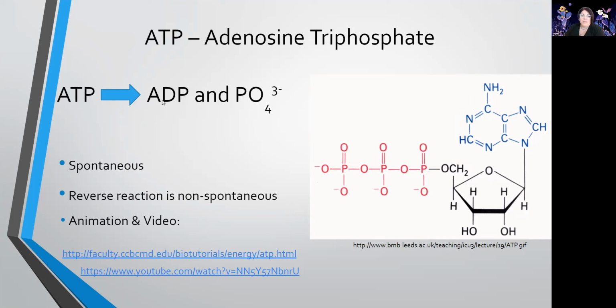If you turn it into ADP, that's a diphosphate. That would mean that you cut off one of these phosphates. That gives you the PO4 3-, and then you'd have your ADP over here. Now, if you look at these, you'll notice that these phosphate groups all have negatives on them. And we know naturally that opposite charges attract, but like charges repel.